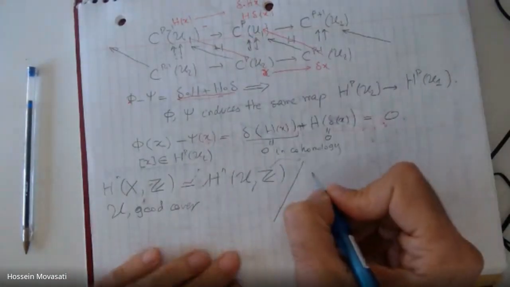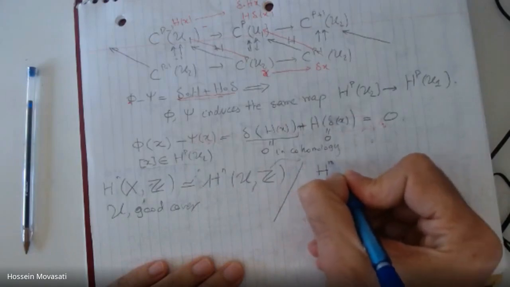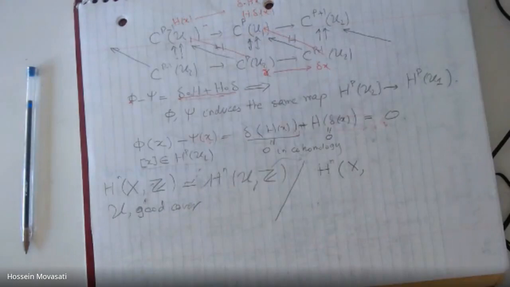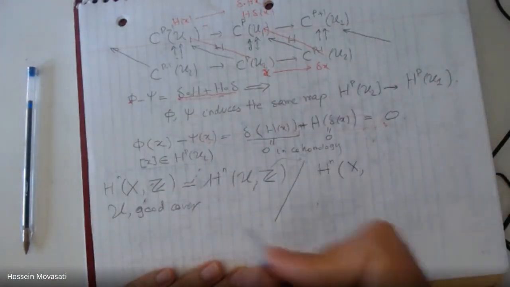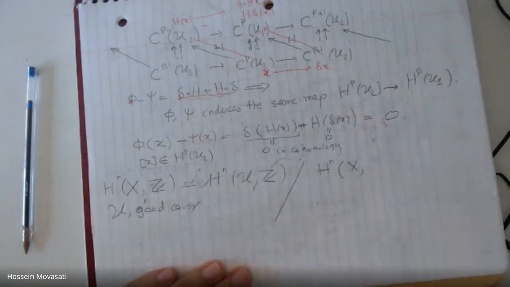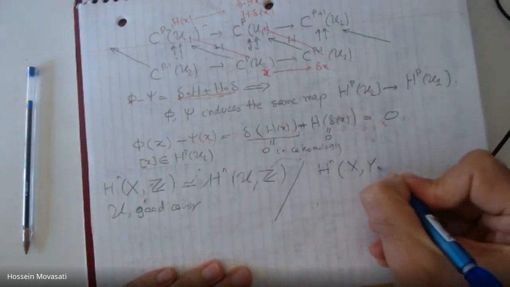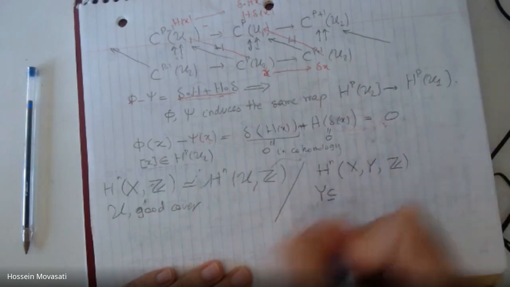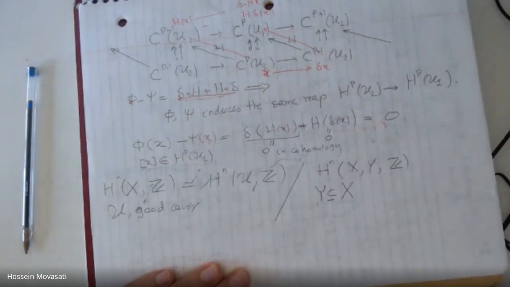Something that we also need for our main theorem of topology of algebraic varieties, the Lefschetz theorem, and then Lefschetz vanishing cycles, and so on. We actually need relative cohomology. So Y a subset of X.